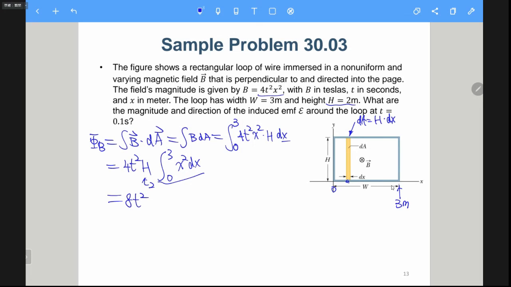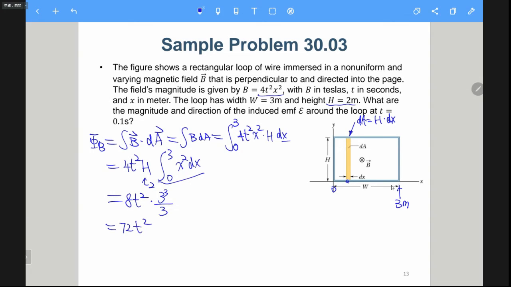The integration of x squared should be x cubed over 3, evaluated from 0 to 3, which is 3 cubed over 3 minus 0 cubed over 3, which is 0. So this is nothing but 9. 9 times 8 is 72 t squared.